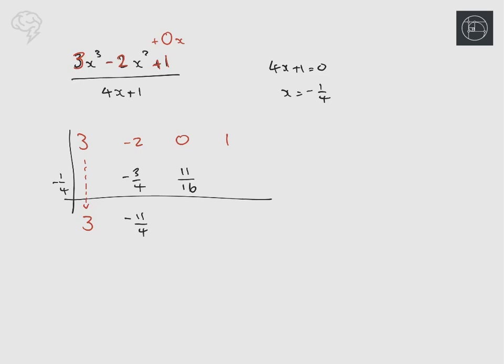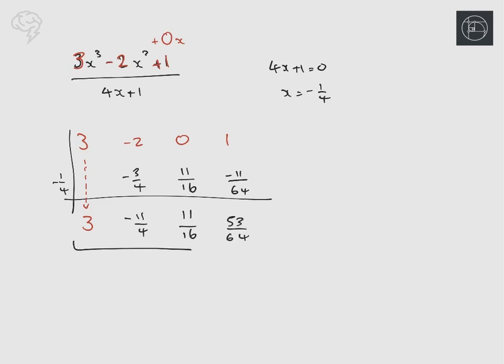And then we're going to add these two up, 0 and 11 over 16, giving 11 over 16. And then we're going to multiply minus 1 over 4 and 11 over 16, giving minus 11 over 64. And then we're going to add these up. So that is minus 11 over 64, add 1, which is 53 over 64.